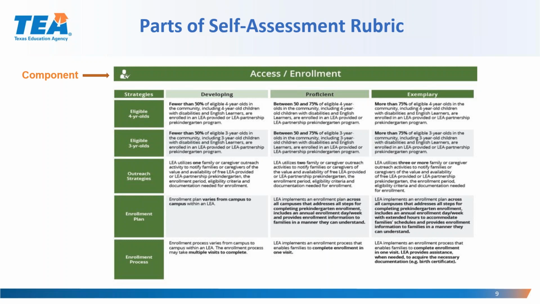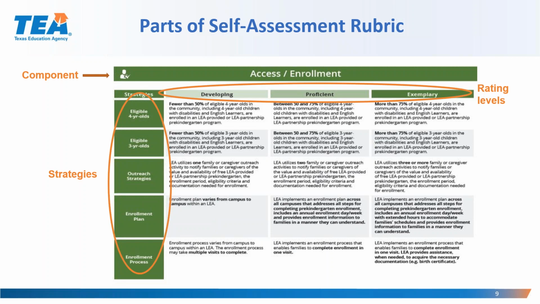So at the very top of the page would be the component. And then on the left-hand side, you would see the strategies that go along with whatever the component is. In this case, there are 5 strategies mentioned under access and enrollment.